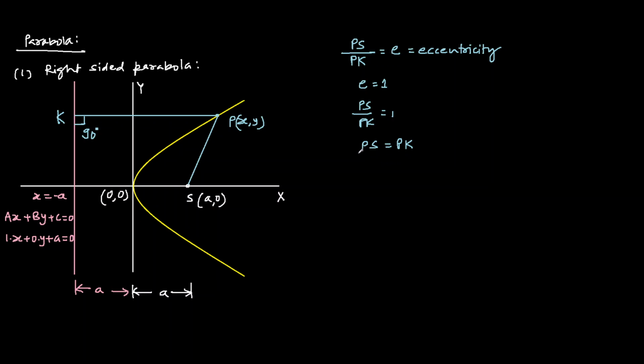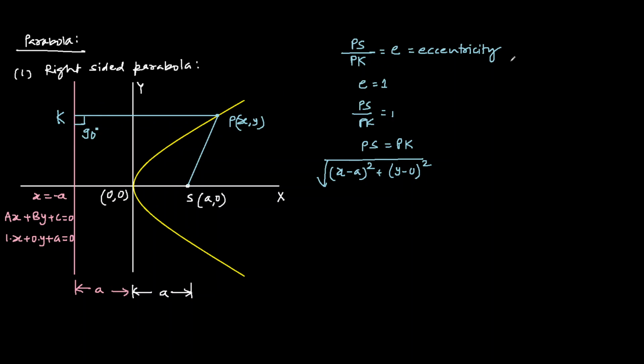Now, PS is the distance between two points. So the distance is the square root of (x minus a) square plus (y minus 0) square. Now we have to find the perpendicular distance of point x, y from the directrix.